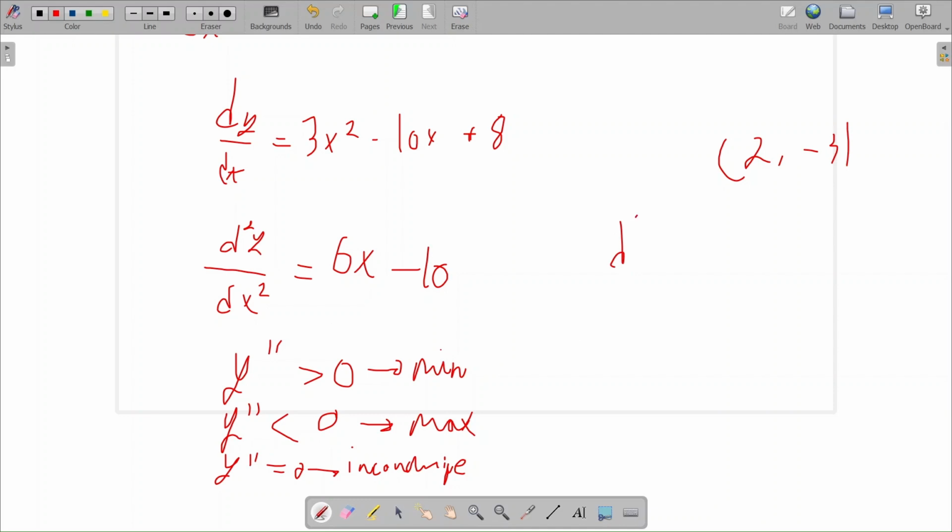So d squared y by dx squared at x equals 2, or let's not denote it like this. Let's just write 6x minus 10.